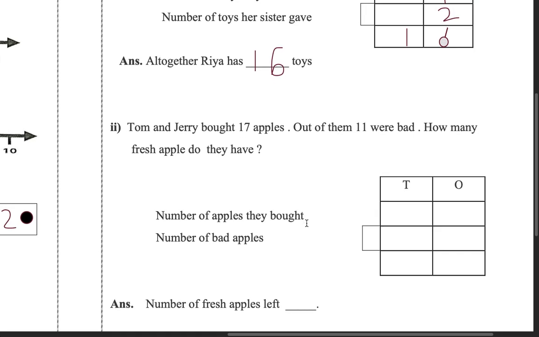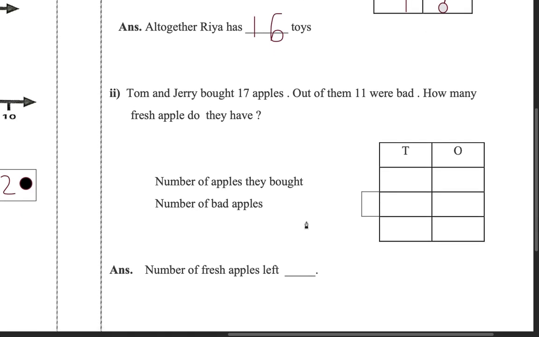Next is Tom and Jerry bought 17 apples. Altogether they have 17 apples. Out of them 11 were bad. How many fresh apples do they have?